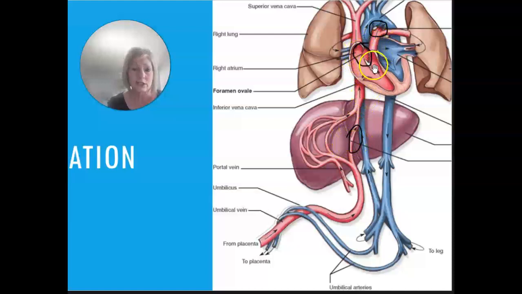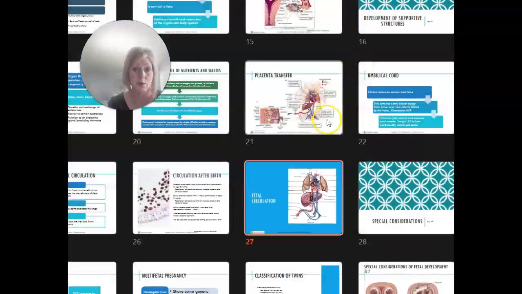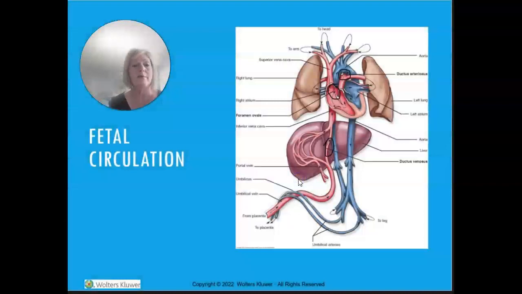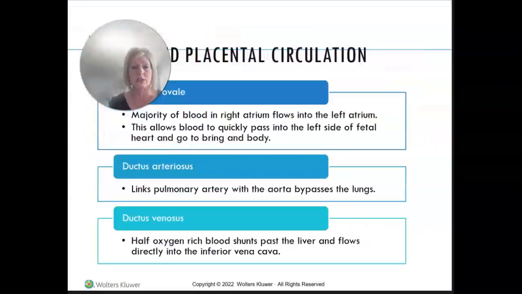Here is your ductus arteriosus, where it's coming out of your right ventricle, pulmonary artery, and see this little guy right here? That is your ductus arteriosus shooting it into our aorta, bypassing our lungs. So that's what I'm talking about when I talk about the ductus arteriosus.